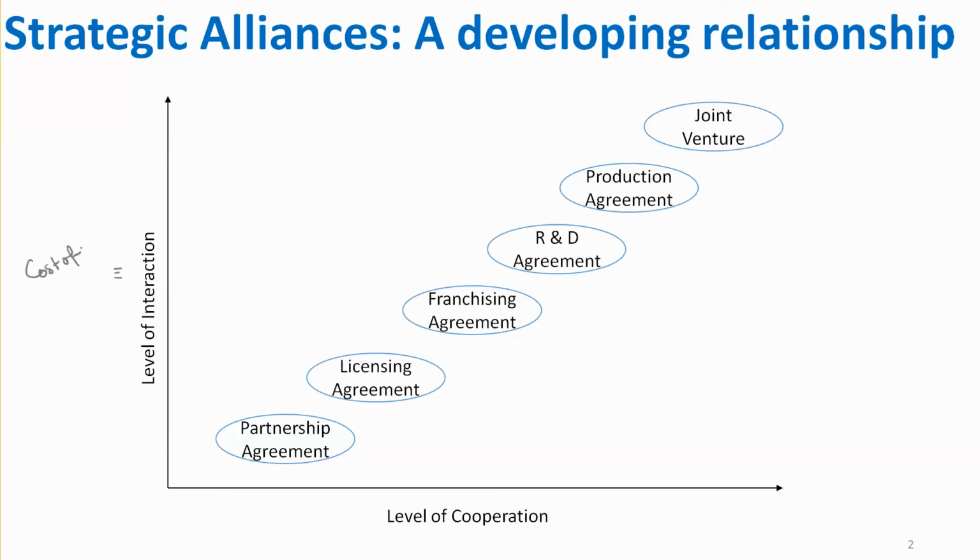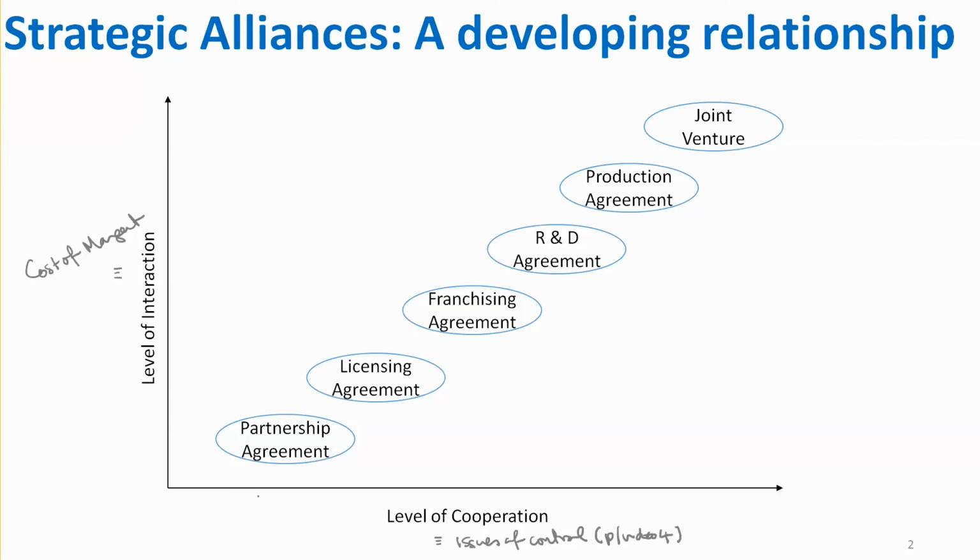How much time is going to be needed in order to manage this strategic alliance and eventually joint venture? And along the horizontal axis, level of cooperation can be equated to issues of control and the problems that may entail, and we'll be looking at this in a pre-video for later on.